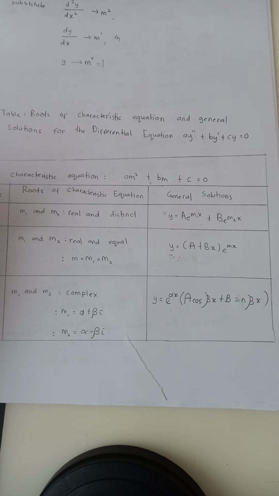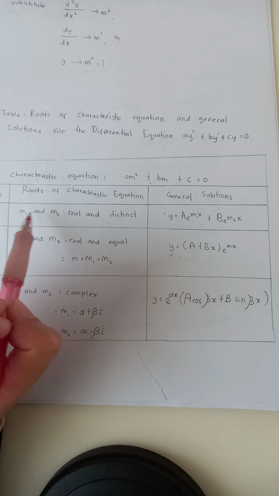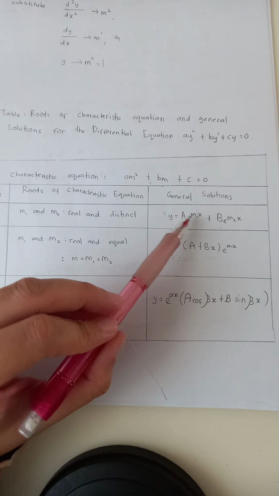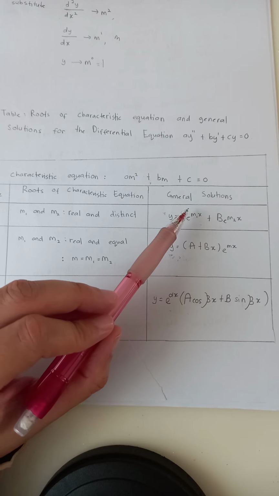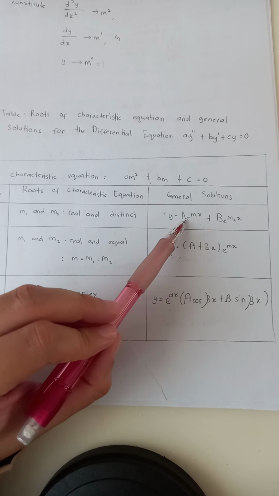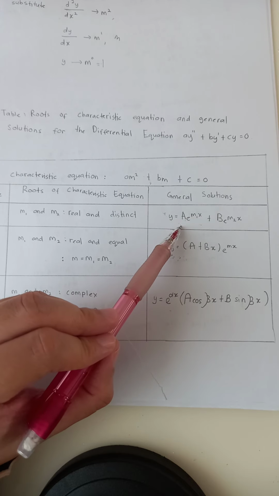This is the solution of homogeneous equation, the table 1 that I have taught you. If the roots got two different values, jadi dia in this form of equation, the general solution in this form.